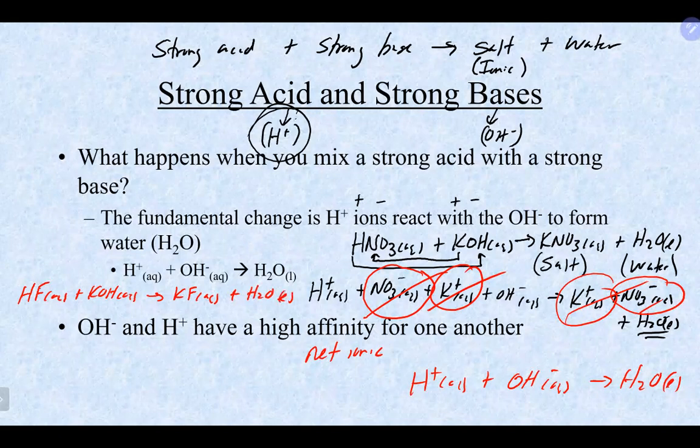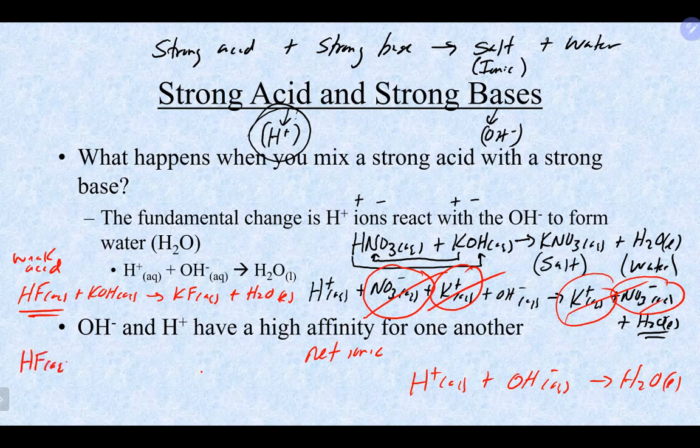Now, HF here is actually a weak acid. So when we get to the total ionic equation, because it's a weak acid and a weak electrolyte, we actually would keep it together. Remember, weak electrolytes basically stay together. So we would not break apart the HF in this case.